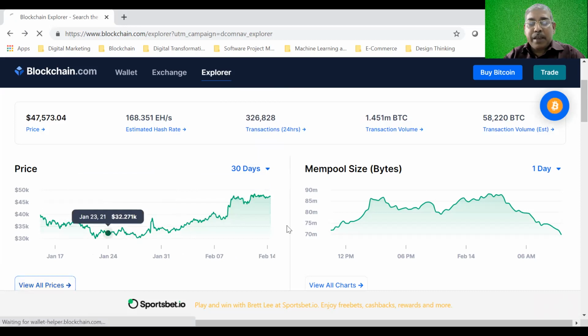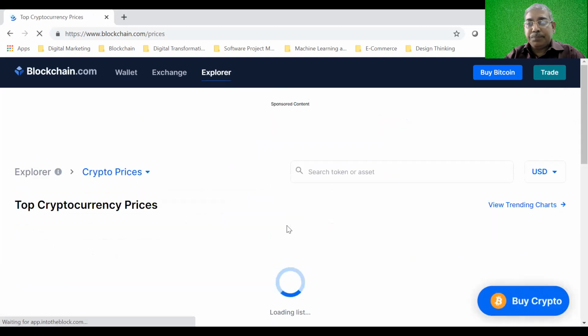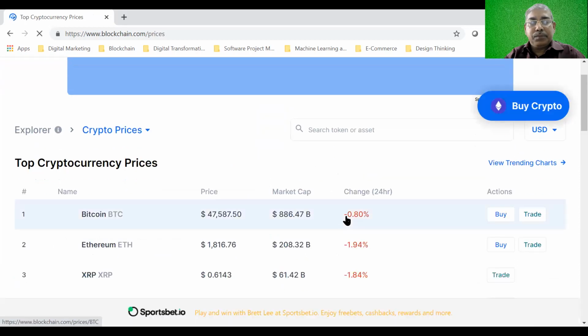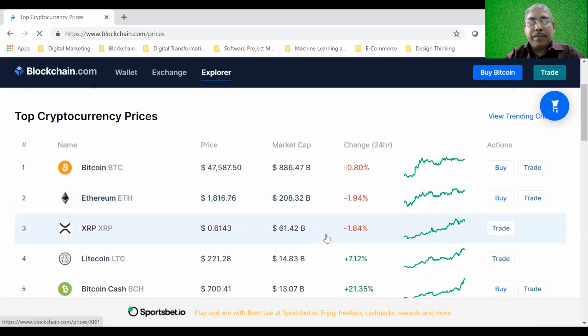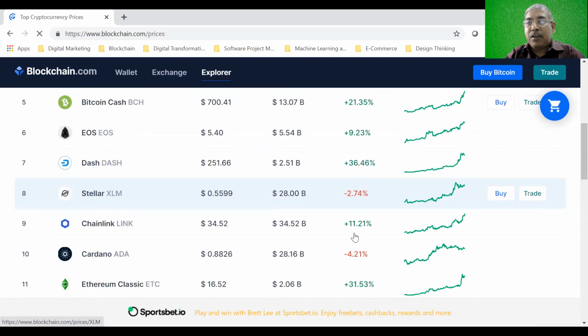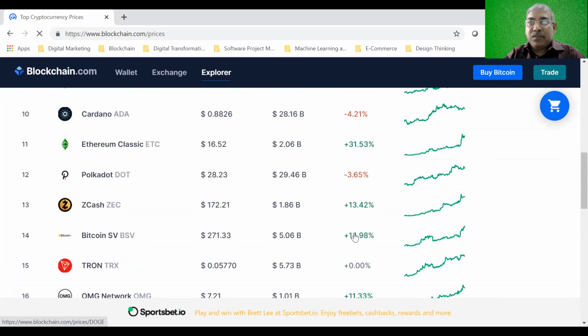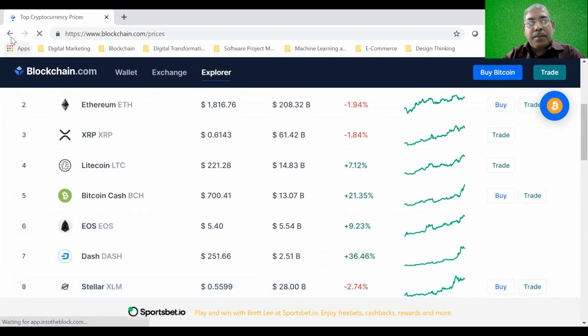I can view the prices for all other popular cryptocurrencies over here. It gives you the prices, how the prices of most of the other top cryptocurrencies are doing. As you can see, most cryptocurrencies are doing good at this point of time.